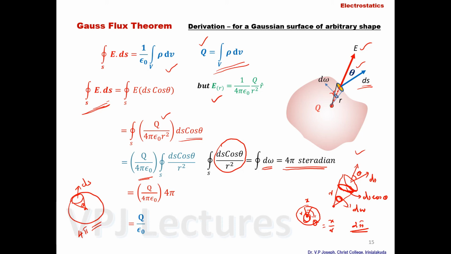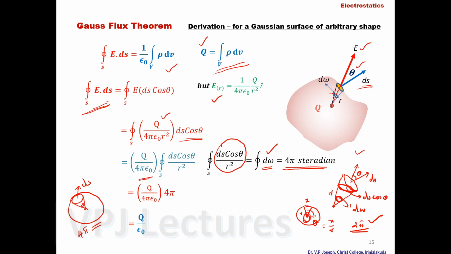Okay, so arc by radius is equal to angle, and the integral over a circle of arc by radius is equal to 2 pi. A surface area divided by radius square is equal to solid angle, and the integral of that solid angle with respect to a point, over a sphere, is given by 4 pi steradian.